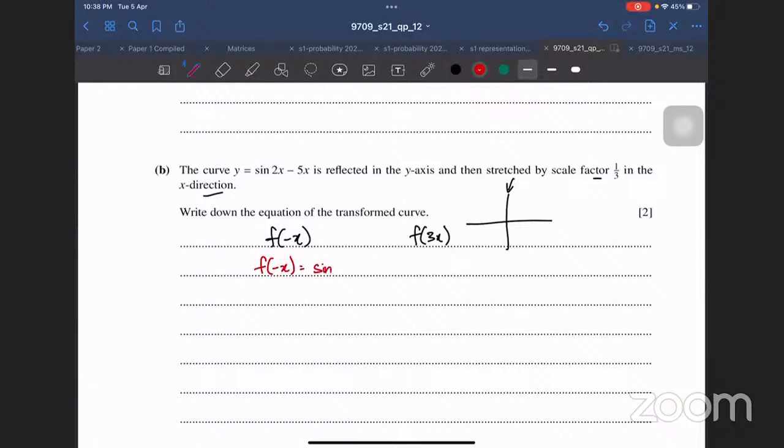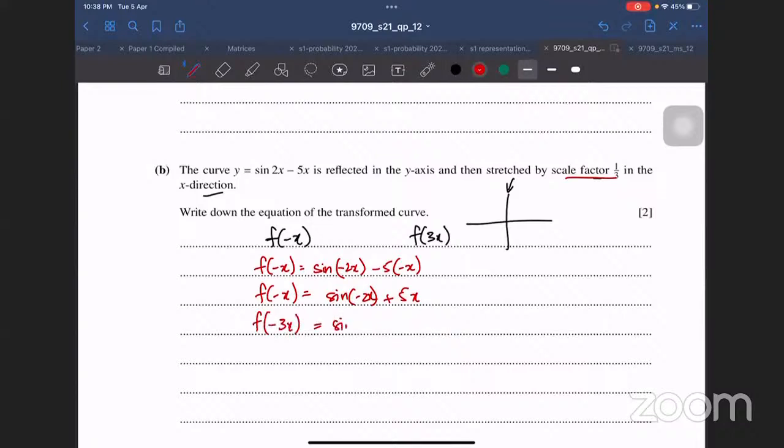It gives me sine of minus 2x and 5 into minus x, which simplifies to sine of minus 2x minus 5x. Then it says a stretch factor of 1/3. So I've got to multiply by 3.